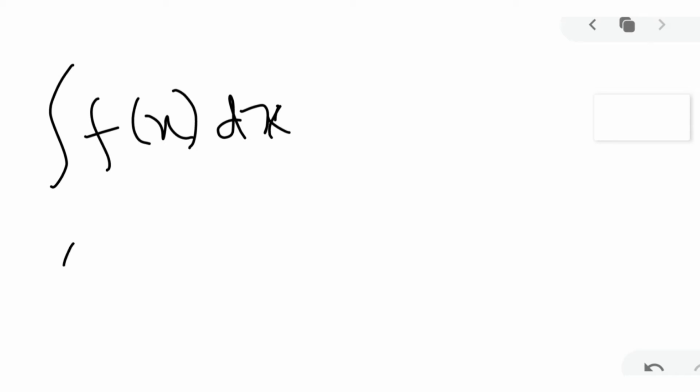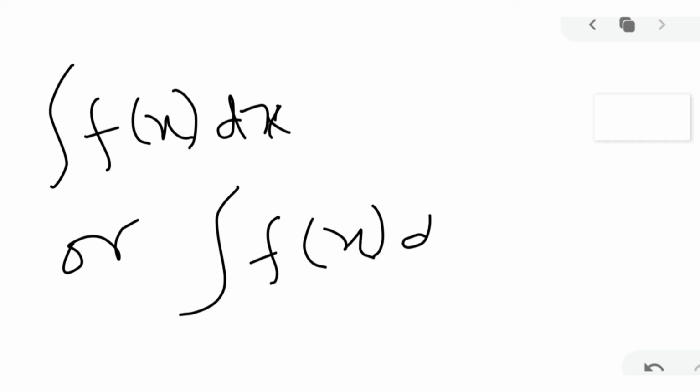Previously we have done this type of integration, like f(x) dx, or this type, f(x) dx from a to b. This integration we call an indefinite integral because the limits are not defined.